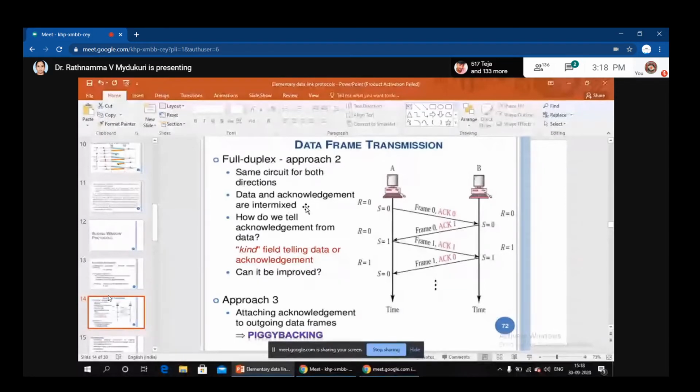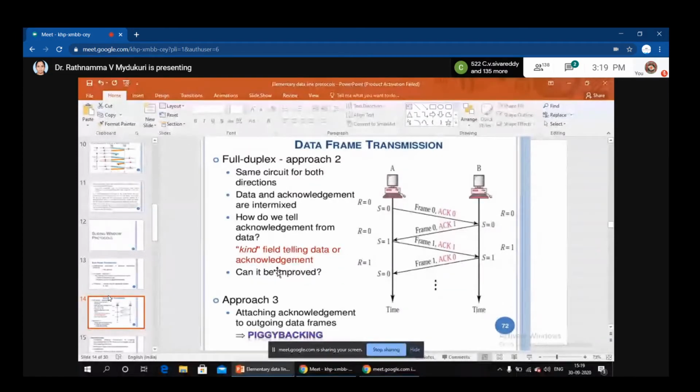So full duplex, you know very well, means data is transmitted and you get the acknowledgement back in different channels. Now, with the same circuit for both directions, data and acknowledgement are intermixed. How do we tell acknowledgement from data?